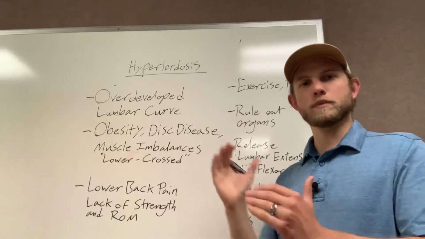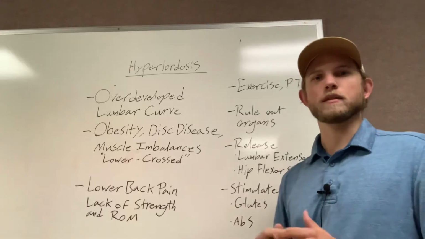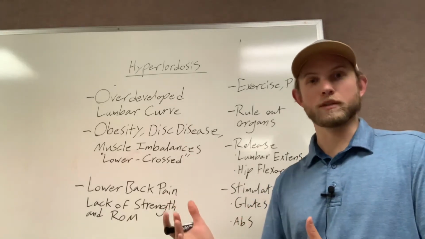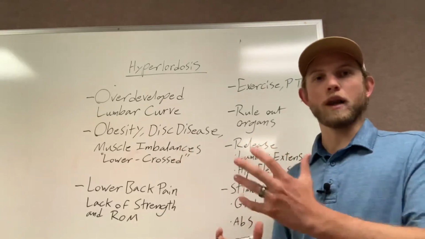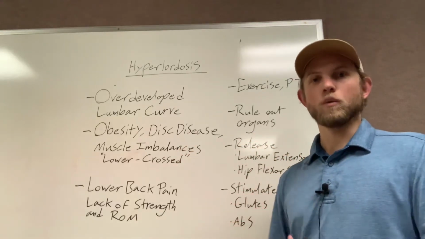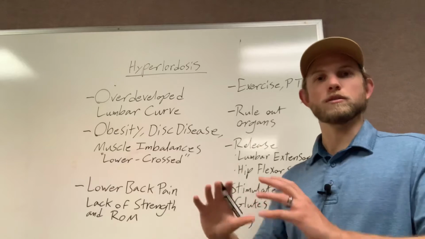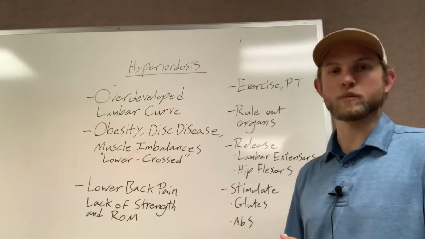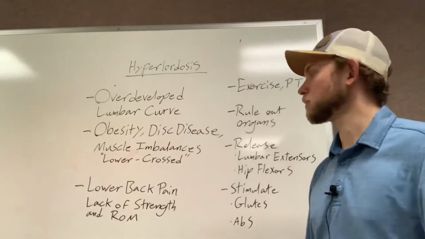On the flip side, you'll also have lengthened abdominal muscles and usually lengthened gluteal and hamstring muscles. That hip and spine imbalance together works to tilt the pelvis into an anterior tilt and to accentuate the curve of the lumbar spine, leading to hyperlordosis.